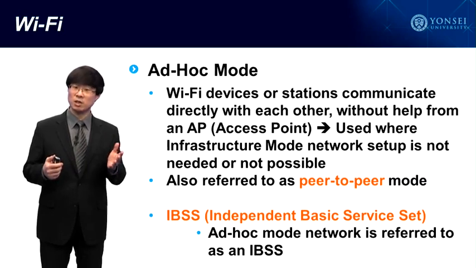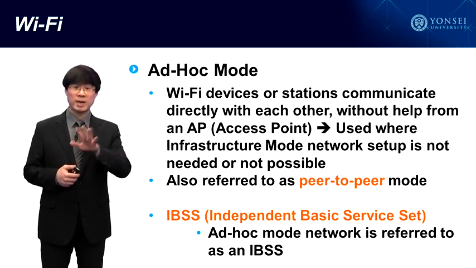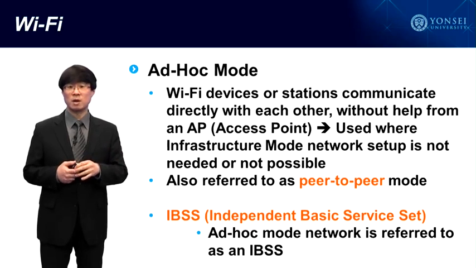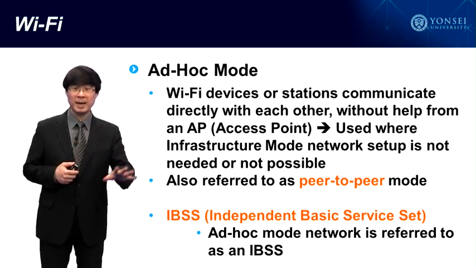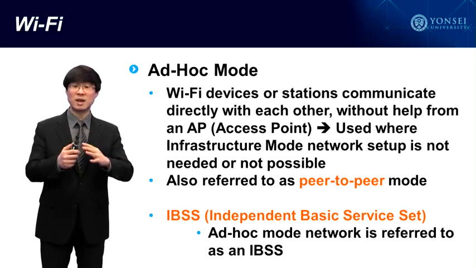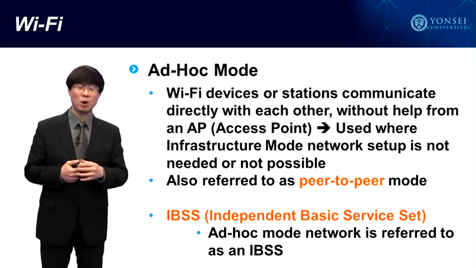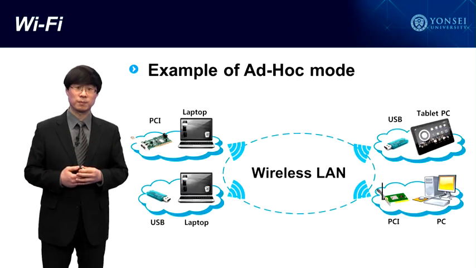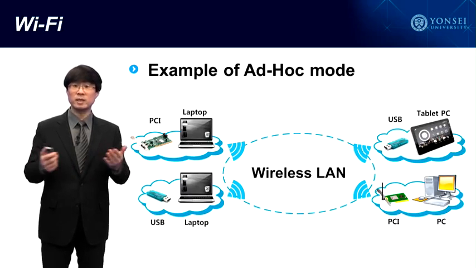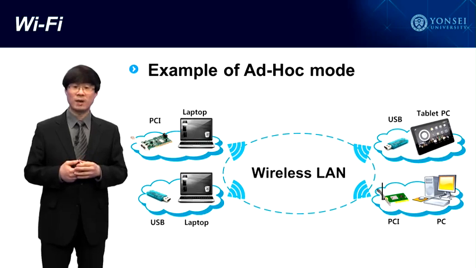The network formed through an ad hoc mode is called an independent basic service set. We call it independent because it is made in a way such that these devices communicate independent of the internet connection through an access point. An example of an ad hoc mode looks like this, where devices are directly communicating with each other through Wi-Fi.